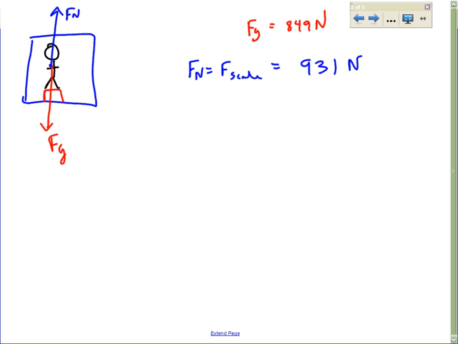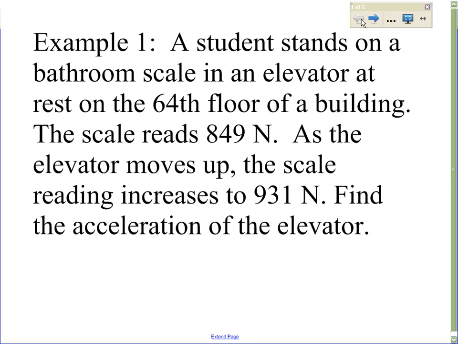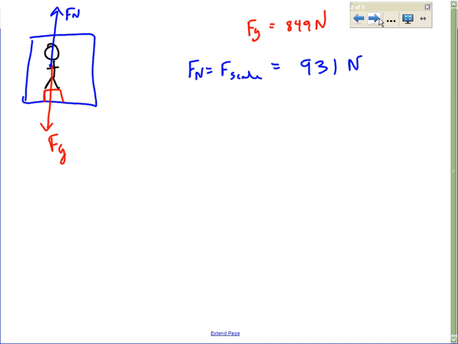Our goal is to find, let's go back to the question, the acceleration of the elevator. So we're trying to find a. Now, because the weight is equal to m times g, I would like to use that to find the mass of the person.